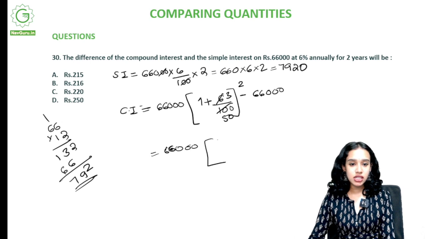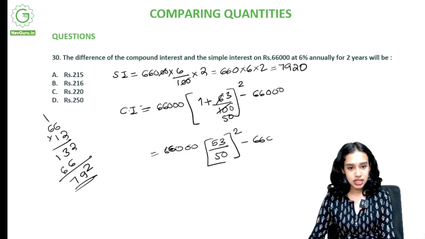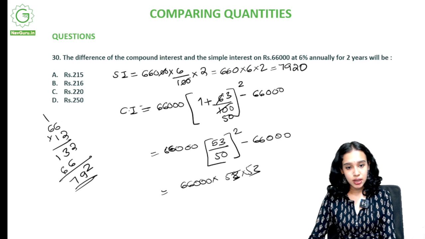Now 50 plus 3 is 53 by 50, the whole square, minus 66,000. So this means that we get 66,000 into 53 by 50 into 50 minus 66,000. So we could cut down these zeros.